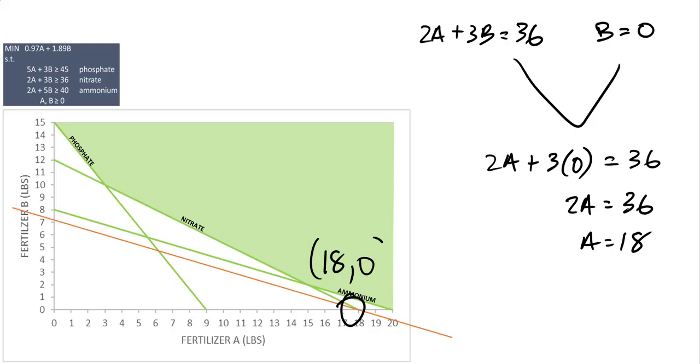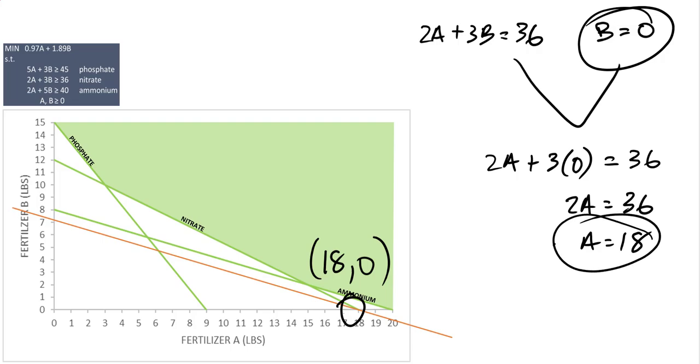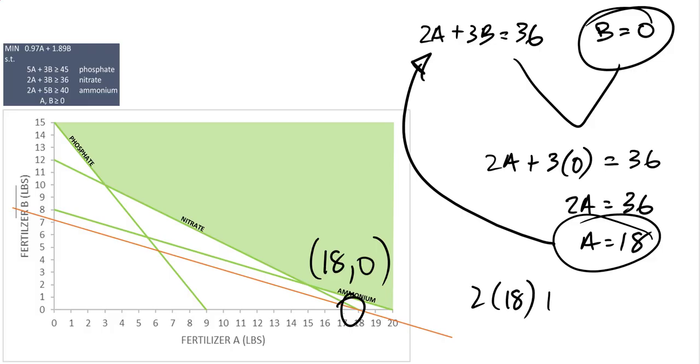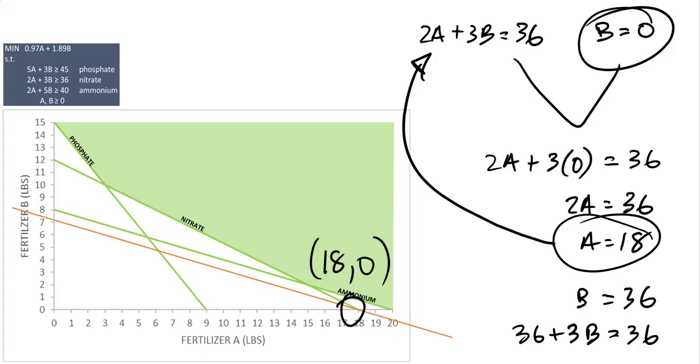The y-coordinate should be 0, which I can see it already is. But just to reinforce that it is, if I sub a is equal to 18 back into the equation, 2 times 18 plus 3b is equal to 36, or 36 plus 3b is equal to 36. I would end up with 3b equals 0 or b equals 0.